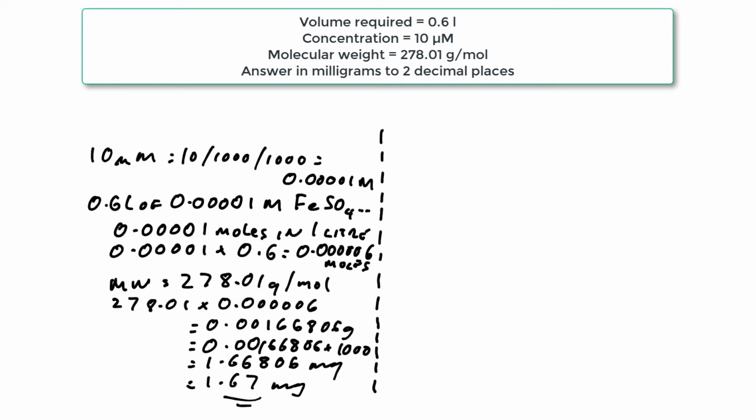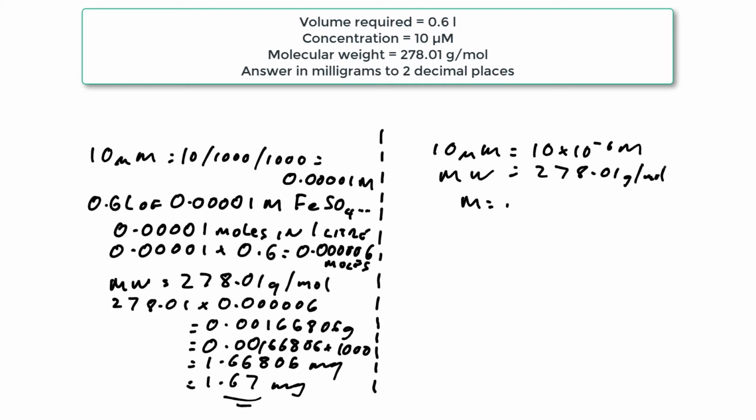Now, the other approach we can take is to use a series of equations. The 10 micromolar we can express as 10 times 10 to the minus 6 molar, and we know that the molecular weight is equal to 278.01 grams per mole. The equation for molarity is equal to number of moles per litre.